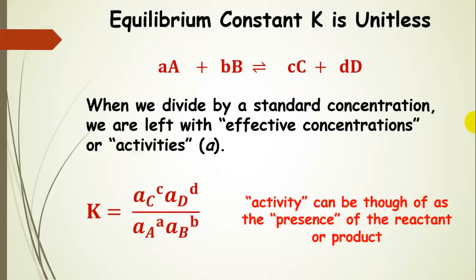And you can think of the activity as the presence of a reactant or product in the reaction. So we use activities even though we often don't write them with A's and then subscripts for the reactants. We usually just put the reactants right in brackets, just as we have been doing. But behind the scenes, we are using activities. We have divided out the units.